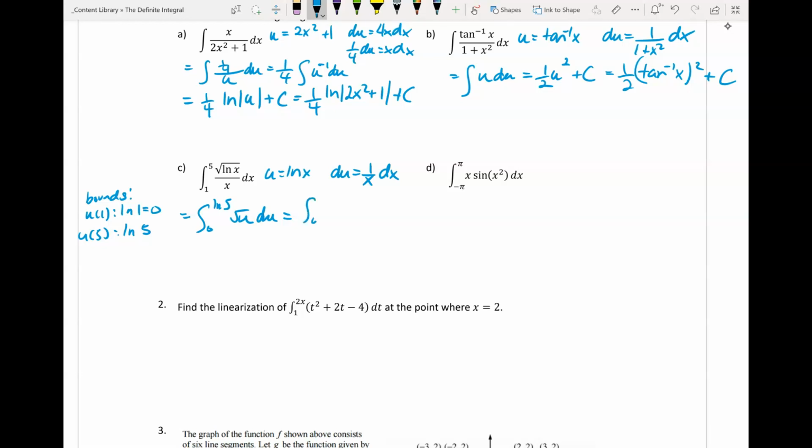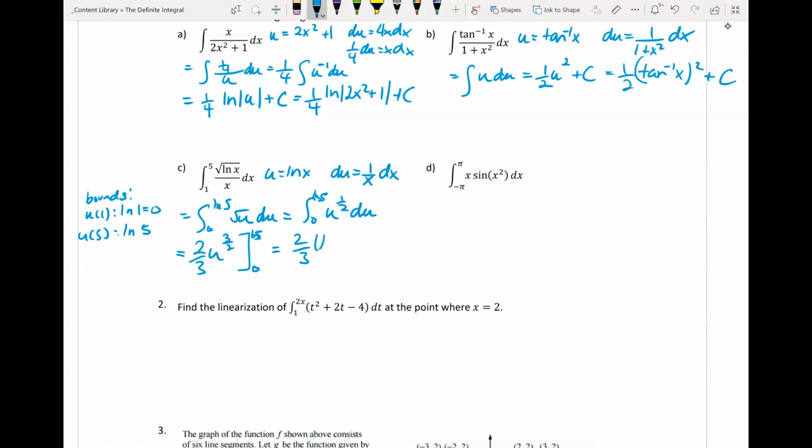Now I'm going to change this into an exponent and then apply my antiderivative. So I'm going to add 1 to a half, which is 3 over 2. Then I have to divide by 3 over 2, which changes to 2 over 3. We're going to integrate this from 0 to ln 5.